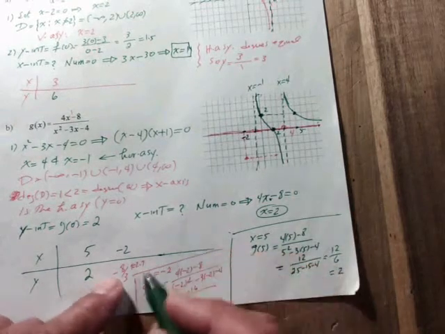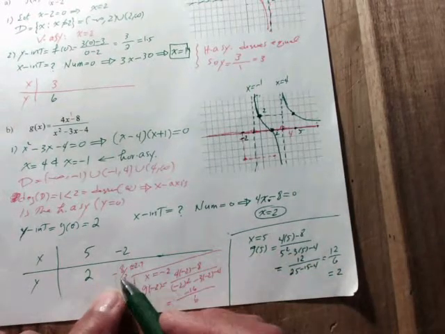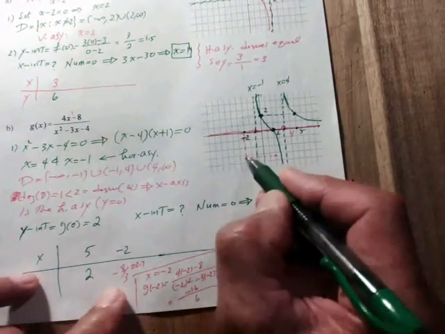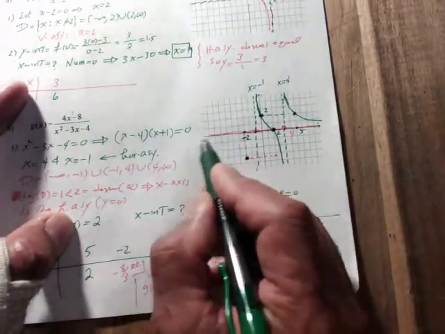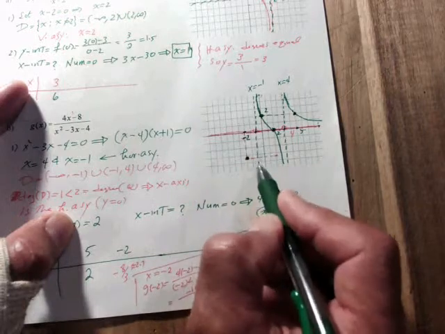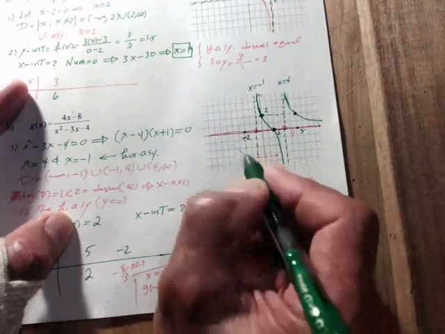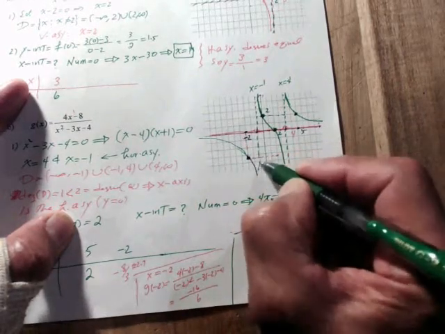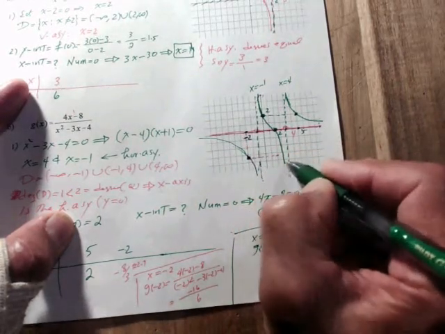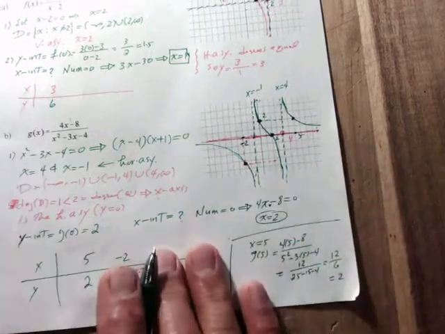This is point negative 2, negative 8/3, right here. So as you go to the left, you slide against this line. As you go to the right, you slide against the vertical line. So the graph looks like this. So I have 3 pieces, you see.